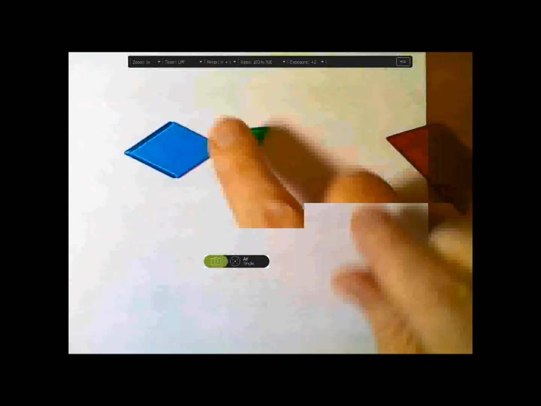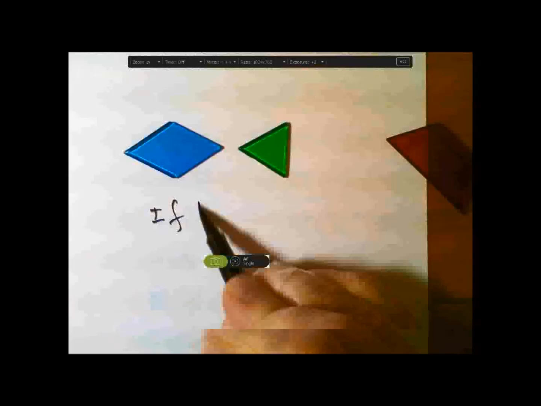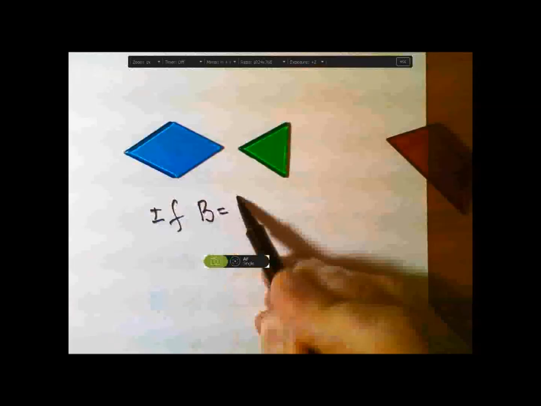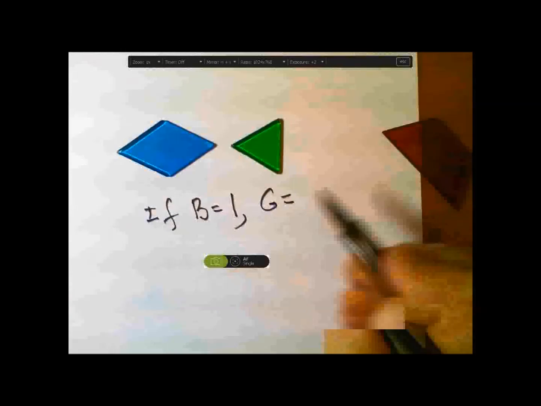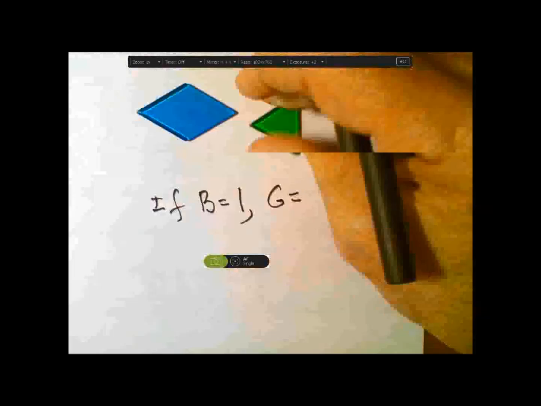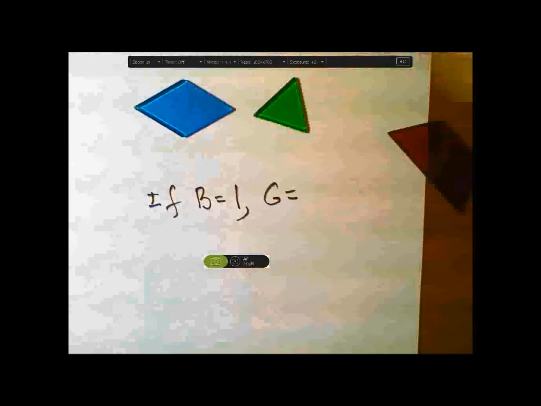If the blue block is the whole, what's the value of the green block? If B is equal to 1, how much is G? 2/2. Everyone says 2/2. Okay, let me read the question. If B is 1, what part of B is the green portion?